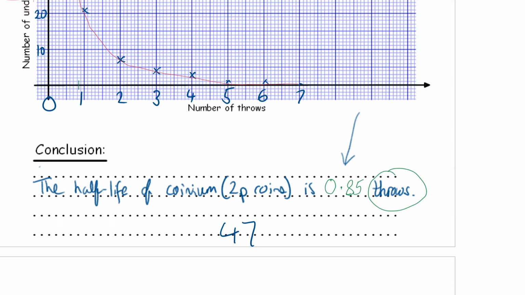The time could be seconds, minutes, years, but it's a way of trying to help you understand how decay works, how it's a random process, and that there's a certain probability that each coin, the probability in this case of each coin becoming decayed is half, 0.5 for each throw, or 50% chance.